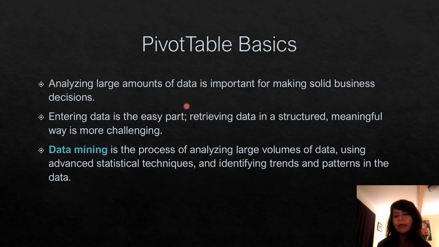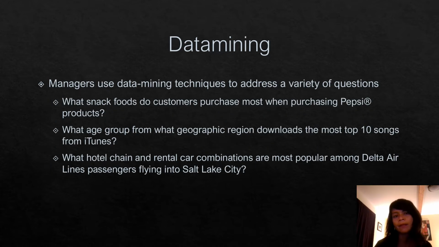So then we look at things like data mining. Data mining is a process of analyzing large volumes of data using advanced statistical techniques and identifying trends and patterns in the data. Managers use data mining techniques to address a variety of questions.